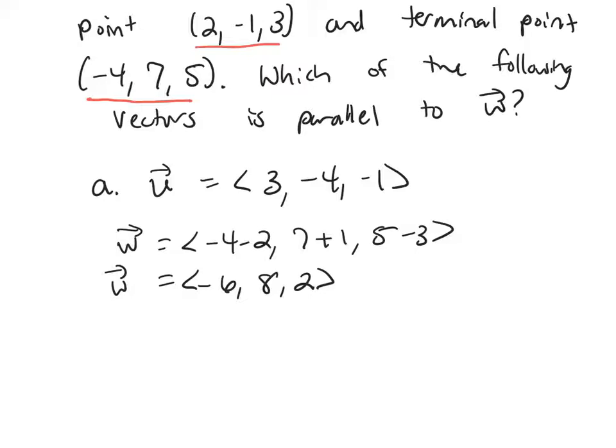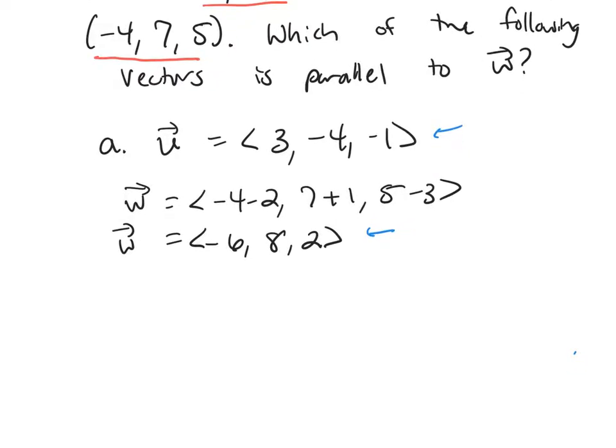So now let's look, and we're looking at u here, and we're looking at w. Can I multiply a scalar to w to get u? Well, let's look here. U is this 3, -4, -1.